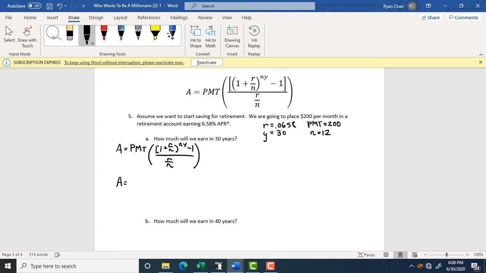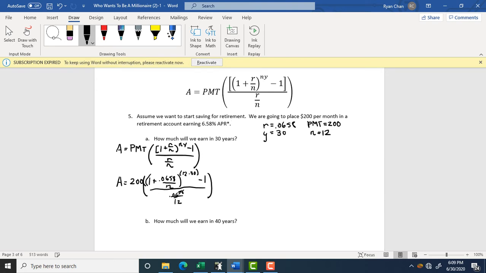Okay, so I'm going to just plug everything in. This is 200 times 1 plus 0.0658 divided by 12, raised to the 12 times 30, minus 1, over 0.0658 divided by 12.